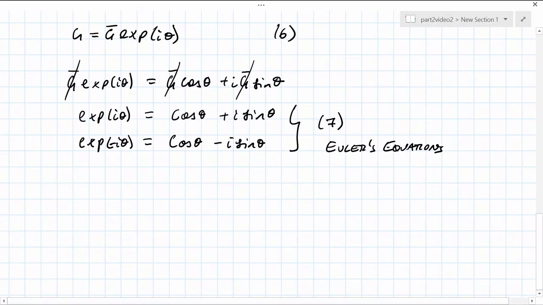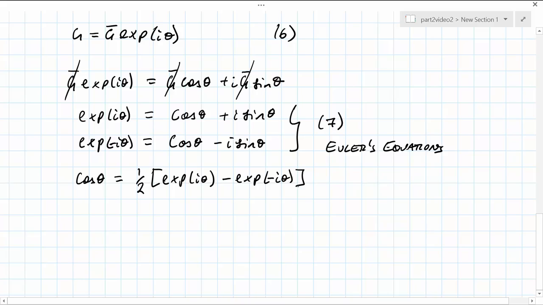You'll note that these are also simultaneous equations and that they may be solved to give cosine theta equal to half times the exponential of i theta plus the exponential of minus i theta, and sine theta is equal to 1 over 2i times the exponential of i theta minus the exponential of minus i theta.